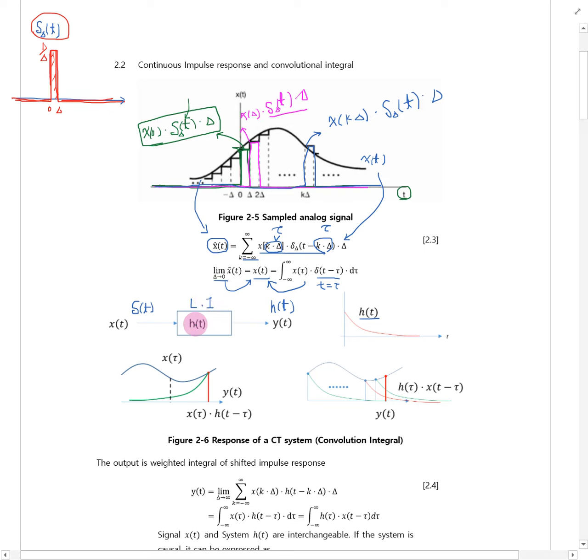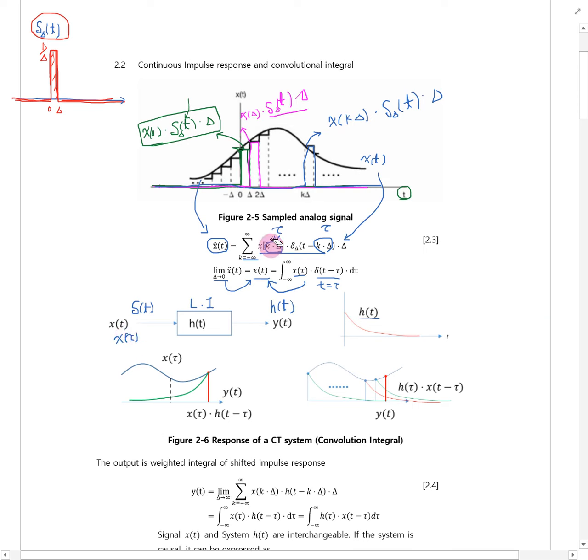If this system is linear and time invariant, then we can scale the impulse function and time shift it. Then the same scaling and time shifting occur at the output. So let's try this one. At a specific time tau, x(tau) is this one.